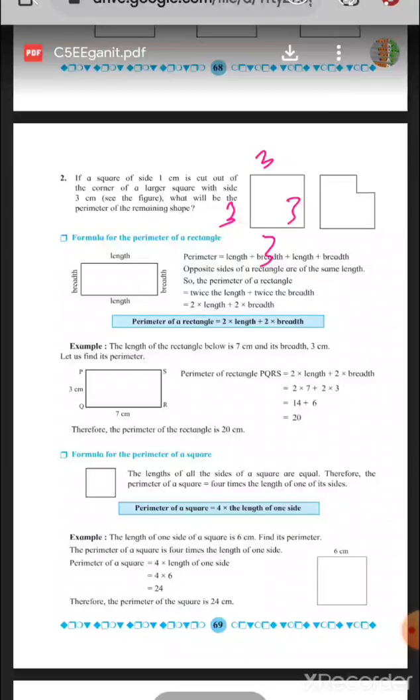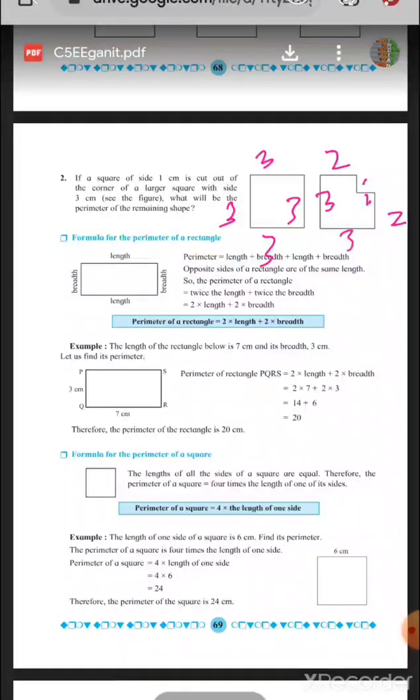From this square we cut one small square of 1 centimeter. So this is 1 centimeter and this is 1 centimeter. Now 3 minus 1, the answer is 2. So this remaining side is 2 centimeter, this side is 2 centimeter. This will be 3 and this will be 3.